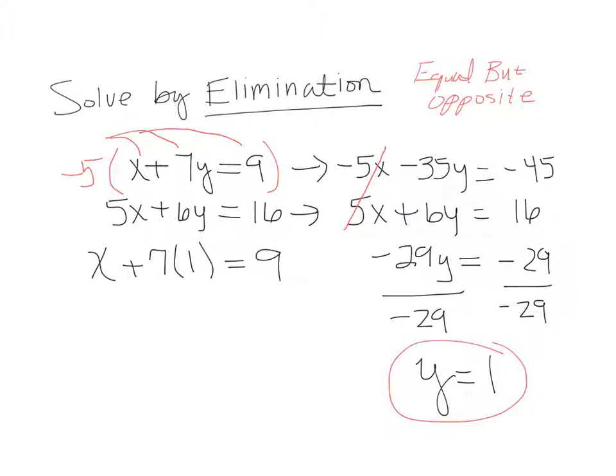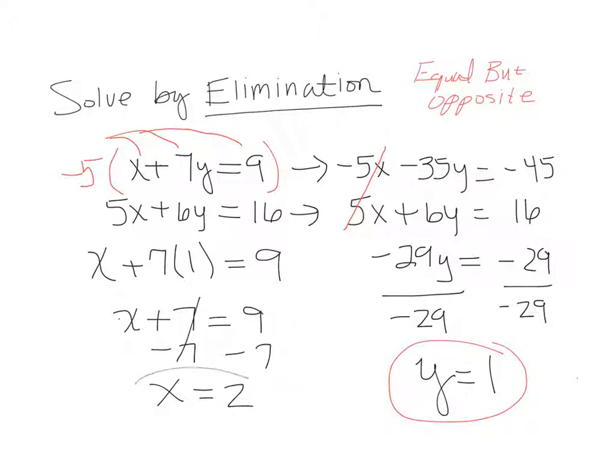Right where y is, I'm going to plug in y equals 1. Okay. So now 7 times 1 is 7. So x plus 7 equals 9. And then subtract 7, and I end up with x equals 2.